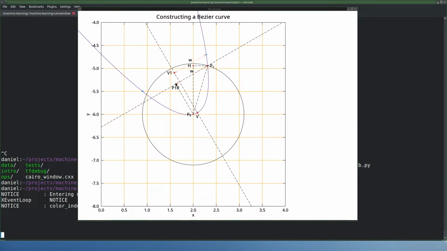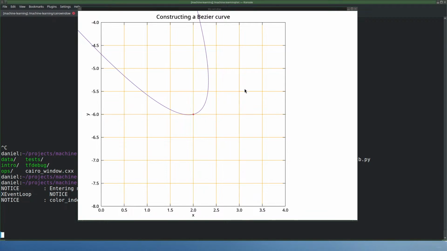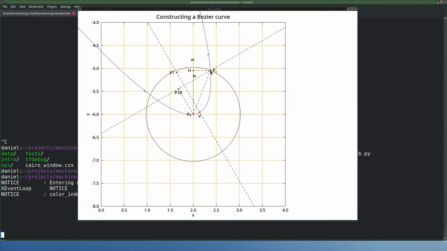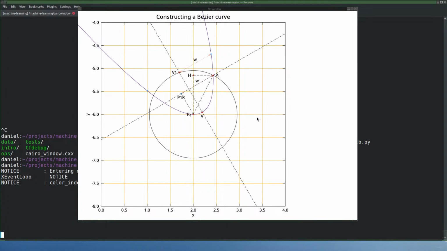So W squared plus (2s minus 1) squared equals V squared. V squared is just the distance between P0 and P1 squared. So I just draw in W and then draw a line from here to there. And then it turns out that this is an angle of 90 degrees, always stays like that.